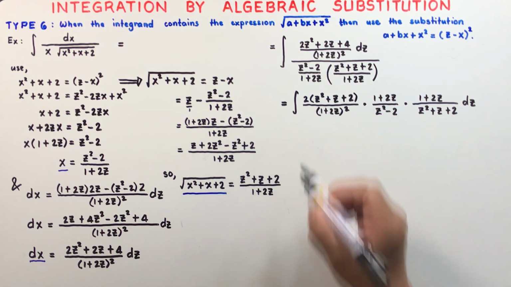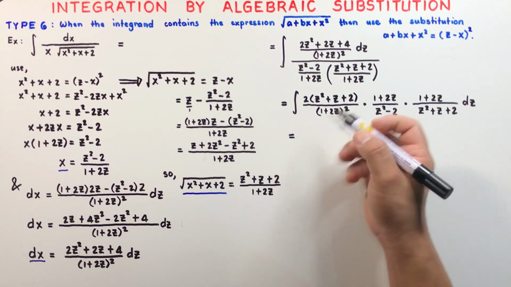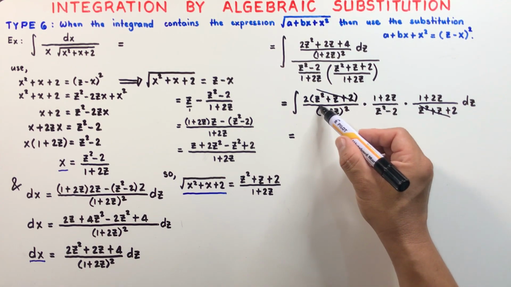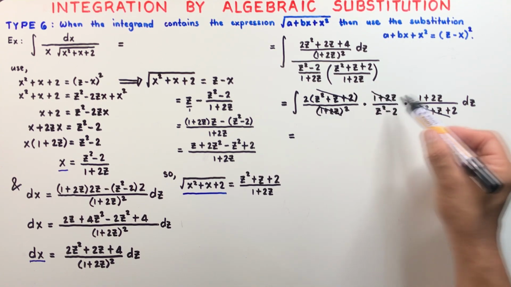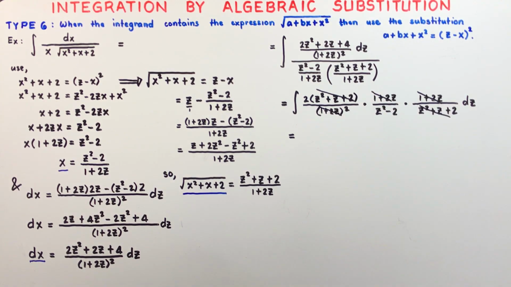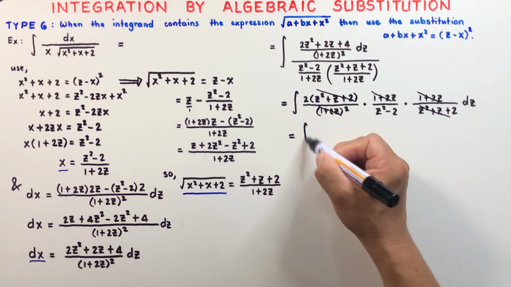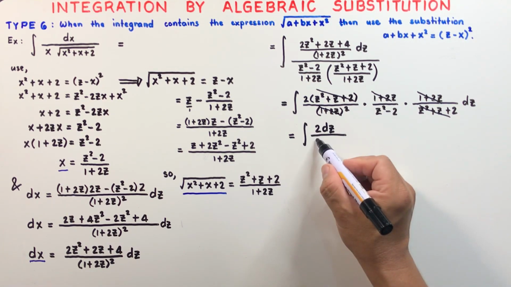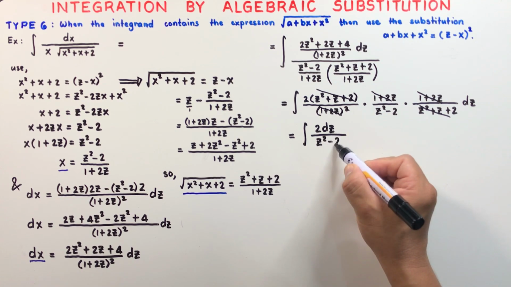And we notice that we can cancel this trinomial with this trinomial, and the square of 1 plus 2z will be cancelled by these two 1 plus 2z's. So what remains is 2dz over z squared minus 2.